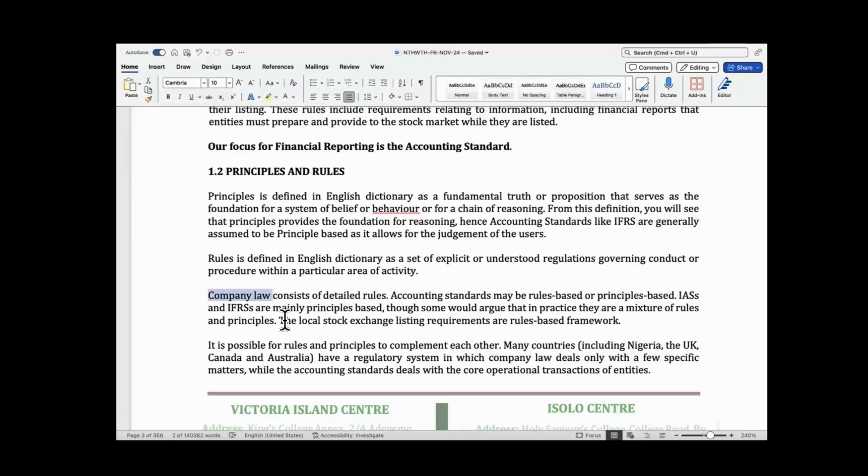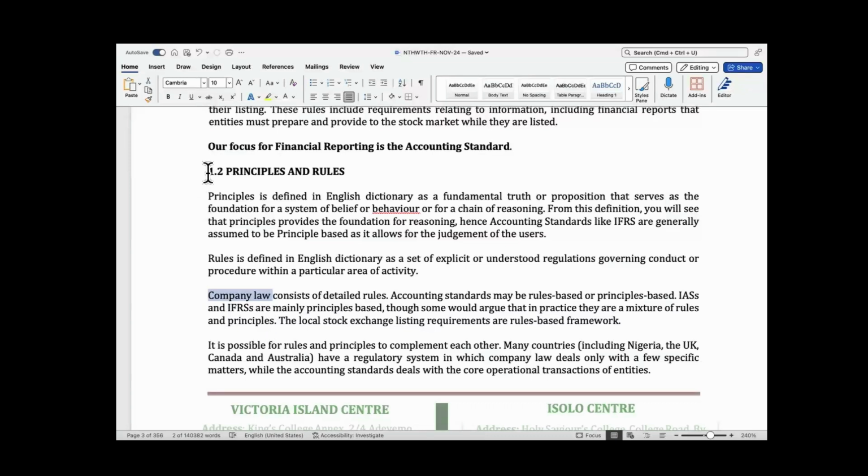So I can categorically say that in Nigeria, we use a combination of principle and rule-based. They work hand in hand. Nigeria, UK, Canada, Australia are examples of countries that make sure principle and rule-based frameworks complement one another. So in the sense that the IFRS is principle-based, while the company law and other regulations are rule-based. Okay, so that's principle and rule.